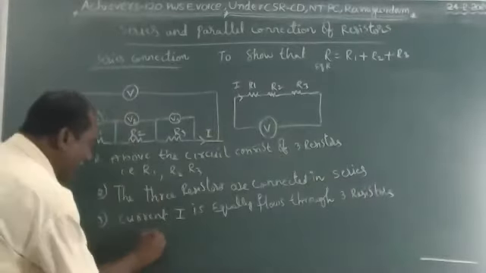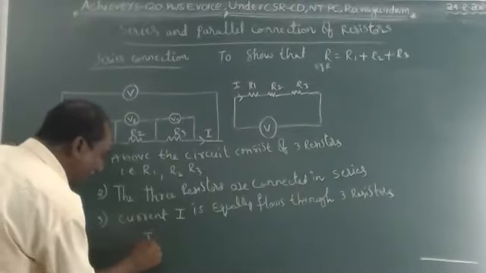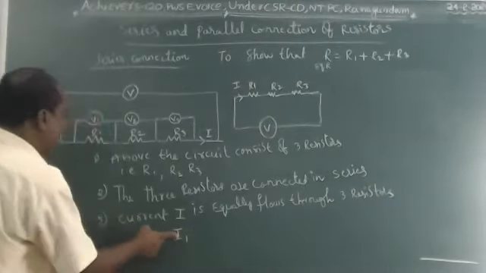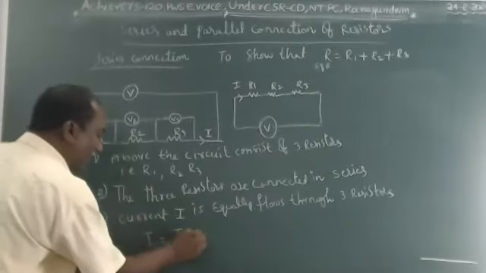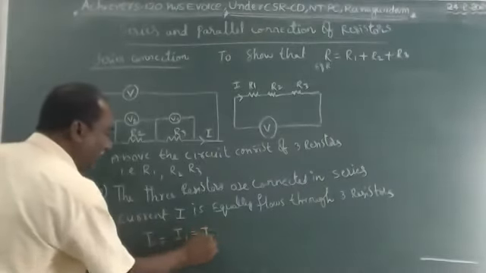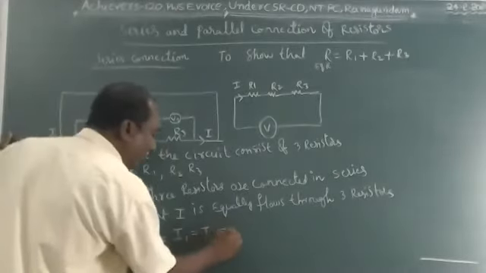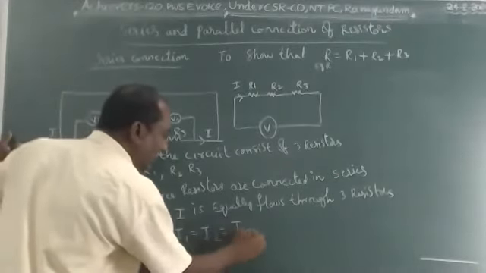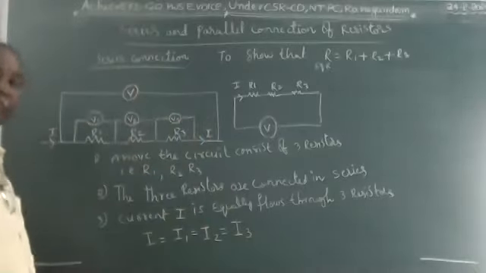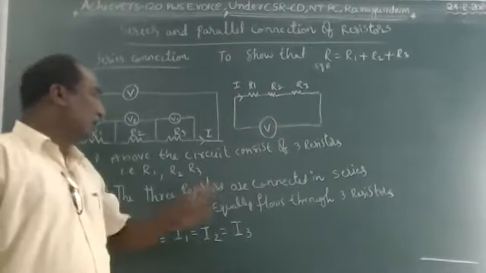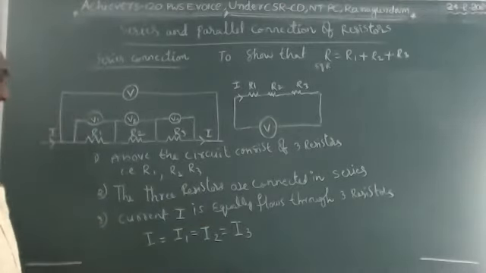That means current I equals I1, the current flowing in R1, equals I2, the current flowing in R2, equals I3, the current in R3. Okay, children. So here current I flows equally through all the resistors.